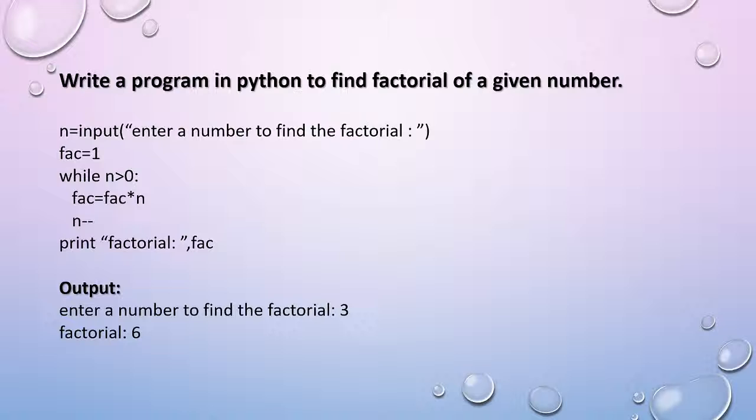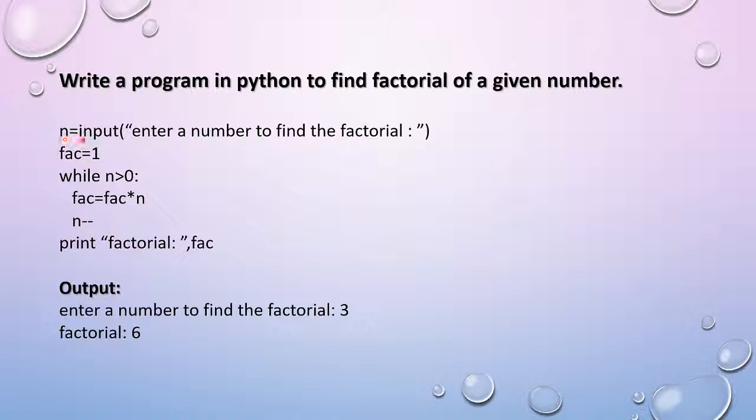We will see it with an example, a program in Python to find the factorial of a given number. Firstly, an input is taken in n: enter a number to find the factorial. Now the variable fact is initialized with 1. Now the condition is checked, that is n greater than 0.